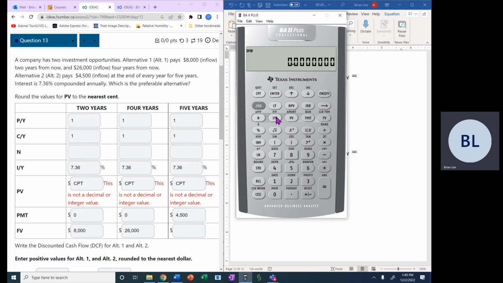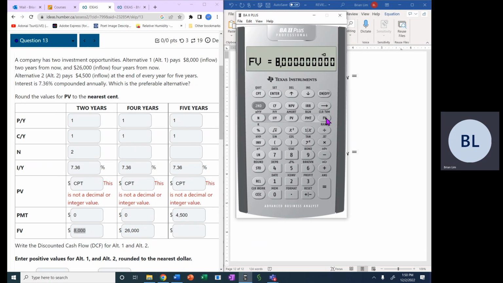We have CY is equal to 1 and CY is equal to 1. Now let's do this one first, the one for 2 years right here. So 2 second N. And this value for N will be 2. Okay, so 7.36 is the interest rate. That is IY. We're computing present value. Payment is 0. We put that in and we will get $8,000 2 years from now.